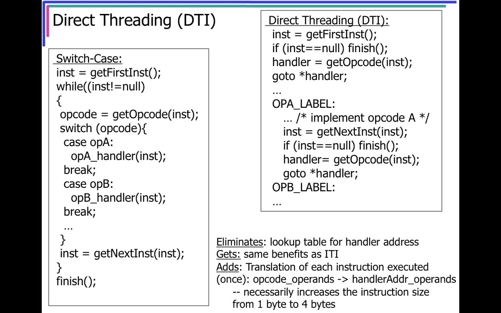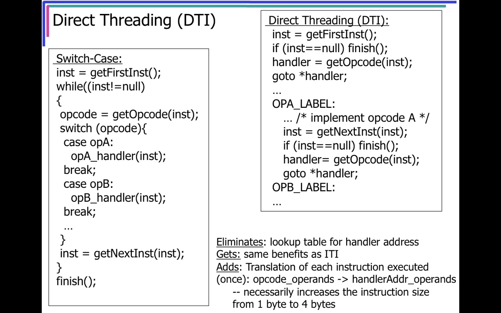It says, instead of using the opcode as an index into the table, why don't we just make a pass over the bytecodes and replace each opcode with the address of its handler. We know every single opcode, because we can read them from every single instruction. We're just going to swap that byte, that opcode, out, and replace it with the address of its handler.